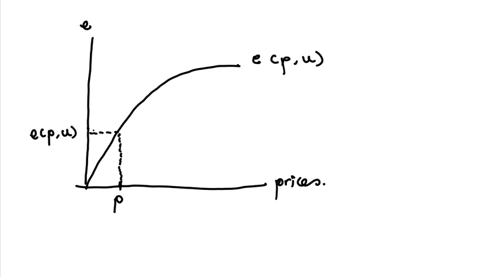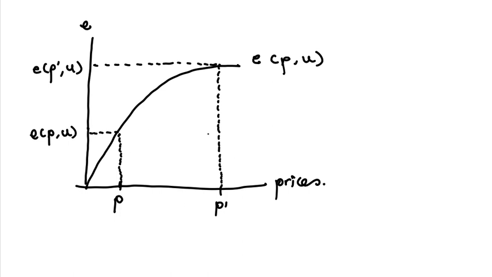And I have another price, call it P prime. Therefore, the associated expenditure is here, and this one is E of P prime, as a function of P prime and a given utility. And I have the third price, which is a linear combination of P and P prime, so it should be between P and P prime.